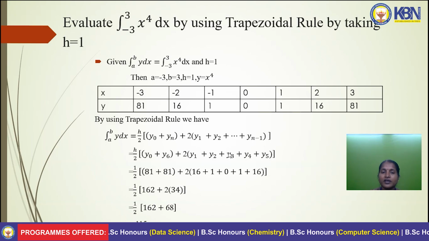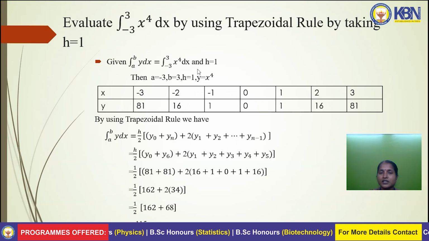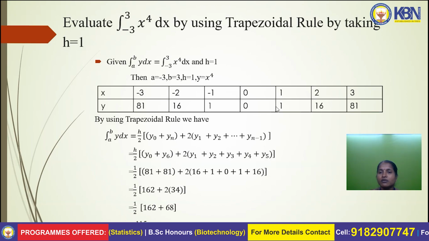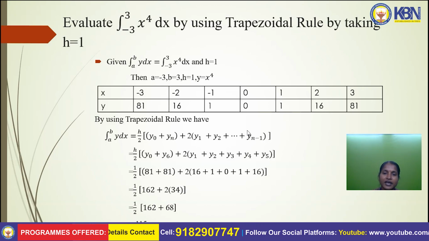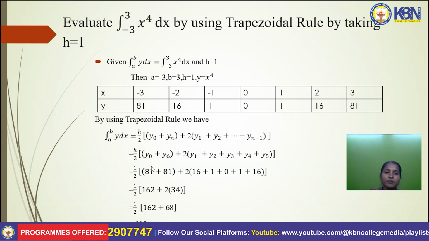Now we write y0, that is the starting value. Y0 is 81 and the last value is 81. So y0 plus y6 is 81 plus 81, plus 2 into the rest of the values: 16 plus 1 plus 0 plus 1 plus 16. Now we get 81 plus 81, that is 162, plus 2 into 16 plus 1 is 17, 17 plus 1 is 18, 18 plus 16 becomes 34.